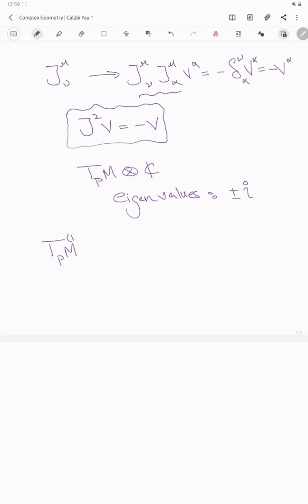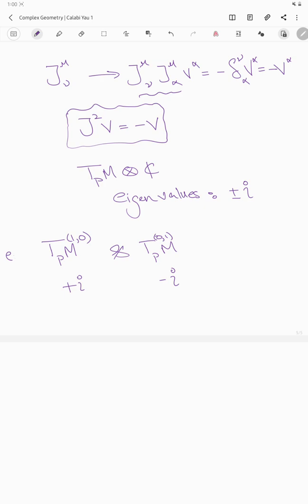T_P M 1,0 and T_P M 0,1. These are the eigenspaces, right, with eigenvalues plus iota and minus iota.